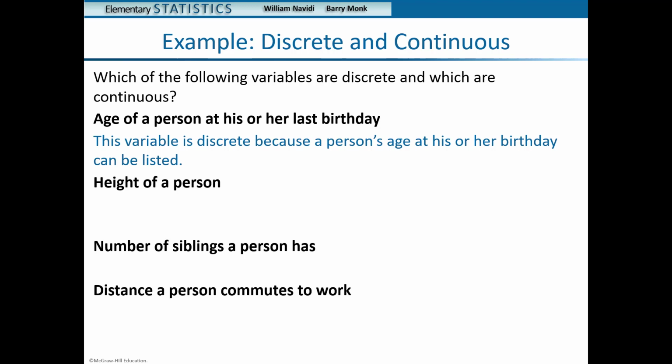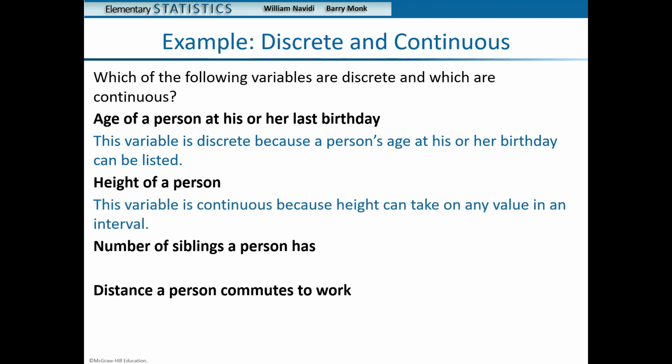Let's contrast that with something like height of a person. Height of a person is still a quantitative variable, because height is something that is measured numerically as a number. But this is an example of a continuous variable because height can take on any value within some interval.